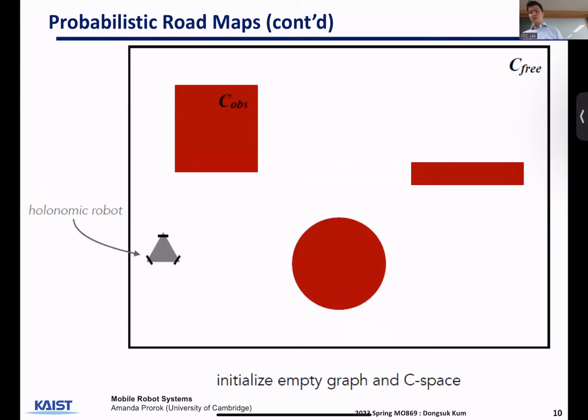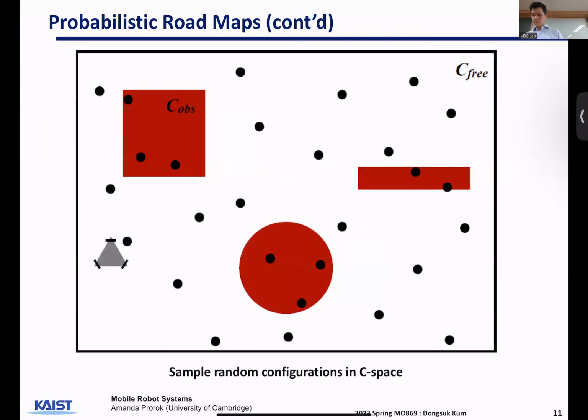Here are more descriptive illustrations. What's going to happen is you initialize an empty graph in C-space, and you sample random configurations in C-space. In this case, these are positions of the robot in the configuration space.